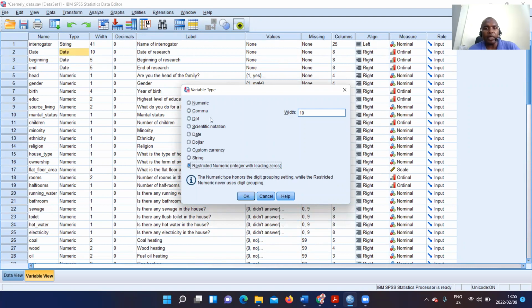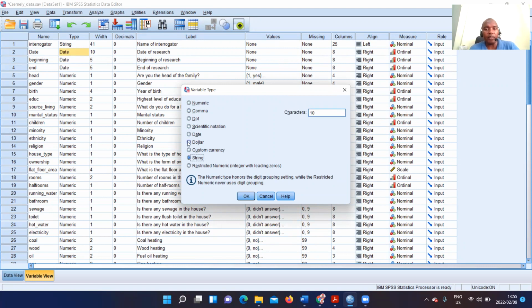But by and large, when we are carrying out surveys, we normally craft questions or items in a questionnaire which conform to the numeric, the date, or the string.